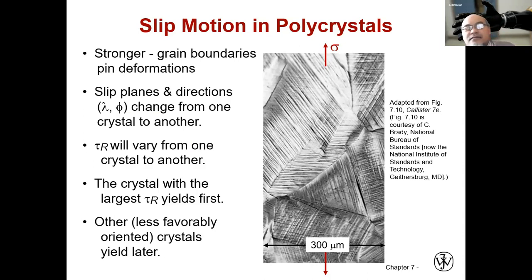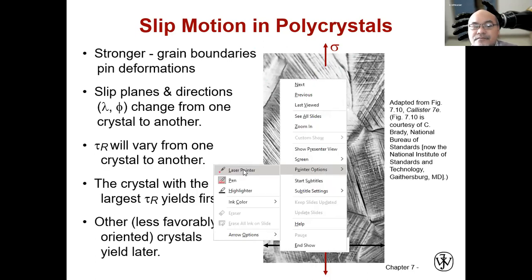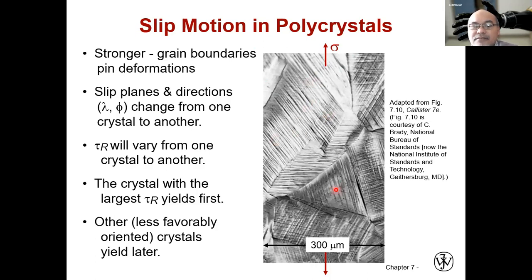And as a result, the resolved shear stress tau r under the applied axial stress will be different for each of these crystals, because each crystal has a different orientation.